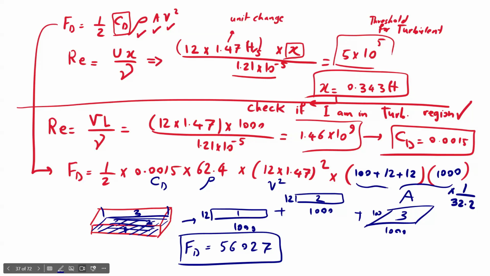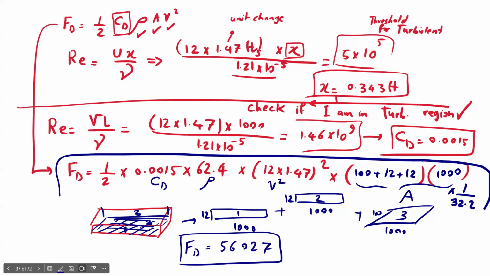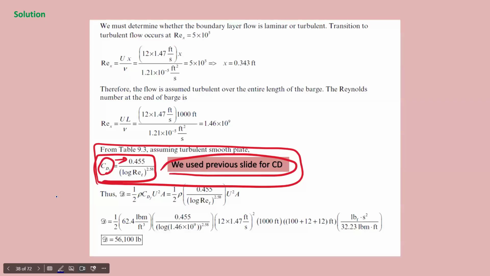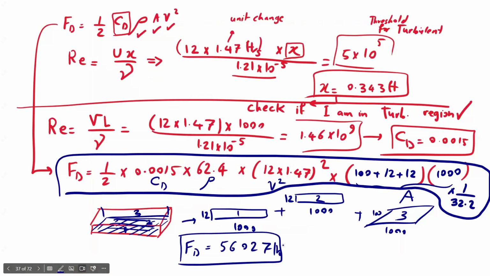Don't forget that one. So this is the part that you should write. Here we go. If you do that, you will end up with FD, this one, and the unit is pound.